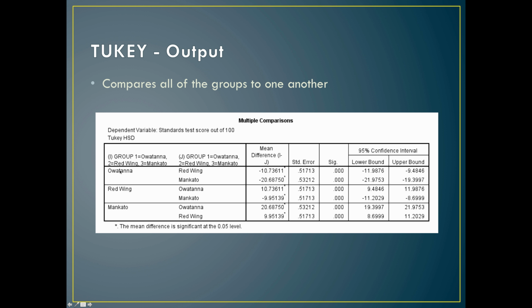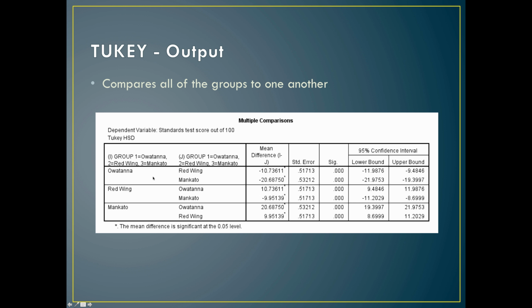Here you're comparing Owatonna with Red Wing. Here, Red Wing versus Owatonna. So if this is your x1, that means x bar 1 minus x bar 2. Here you have x bar 2 minus x bar 1. And that's why the sign is reversed here, because you're subtracting the mean of town number 2 from town number 1, and here it's town number 1 minus town number 2.